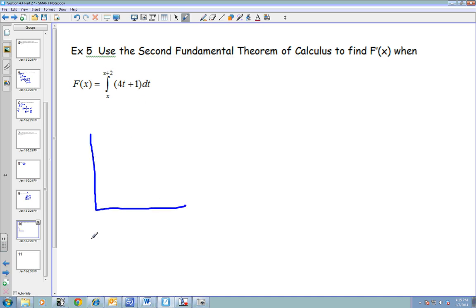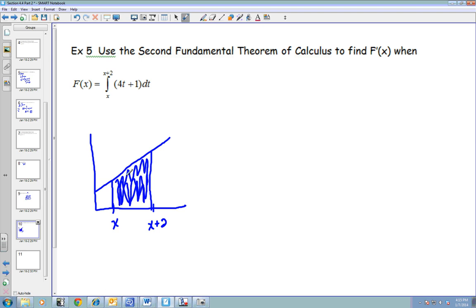If I were to graph this, 4t plus 1, it crosses the y-axis at 1 and has a slope of 4, so we'll just say it looks something like this. It's linear. Okay, and I want to go from x to x plus 2. Well, let's just say this is x, and somewhere over here is x plus 2. And I'm actually finding the area under this from here to here.